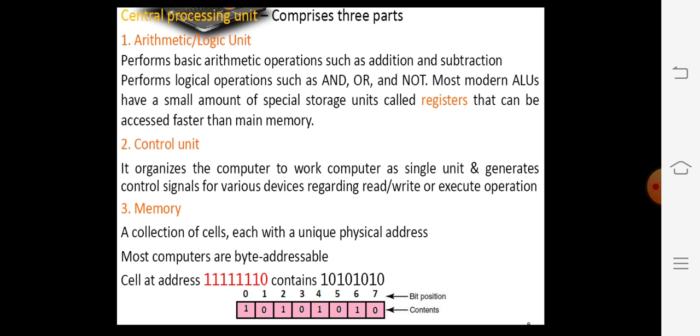Most modern ALUs have a small amount of special storage units called registers that can be accessed faster than main memory. Registers are used only for processing, not for storing any data.